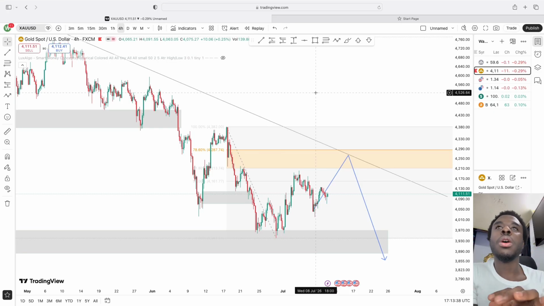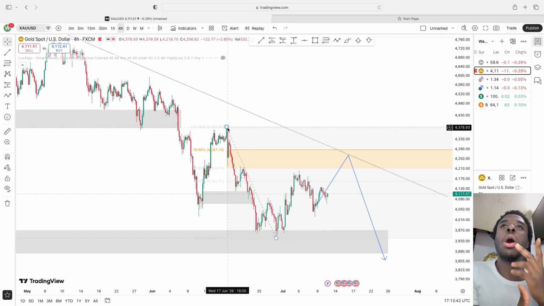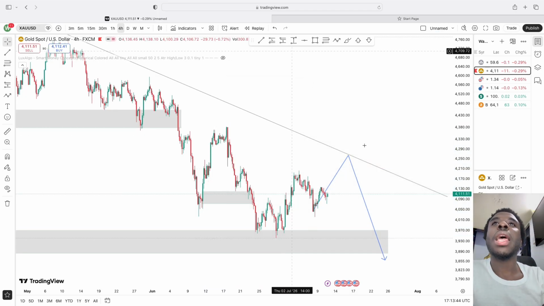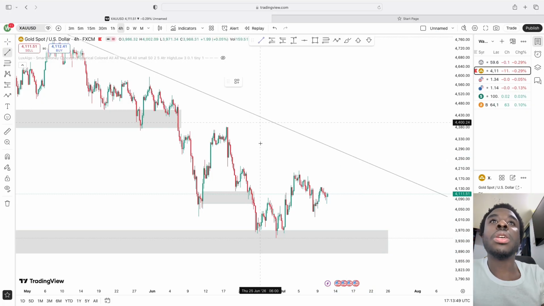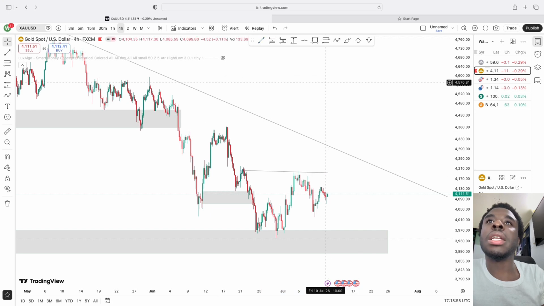I'm expecting gold to push a bit higher to respect the trend line, and it's also on our Fibonacci as well. And price has to clear this liquidity because you can see we have equal highs coming over here. Price also has to clear these equal highs.